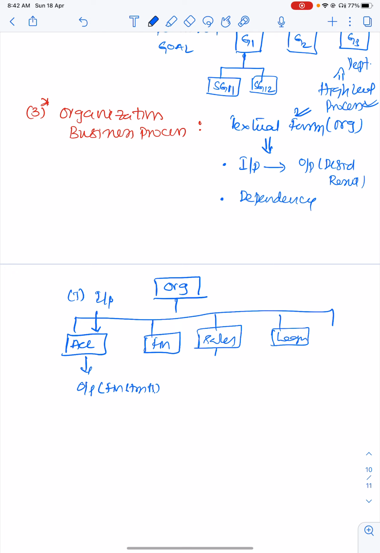For example, sales is dependent on accounts because whenever a sale happens, a transaction has to be recorded. This is how we identify which department is dependent on which. All these things are called an organizational business process. Again, it is only a diagrammatical representation, not the actual connotation.